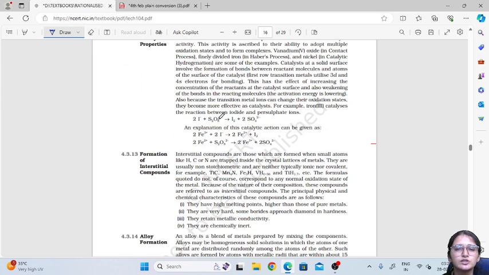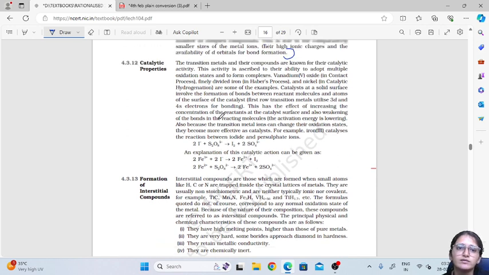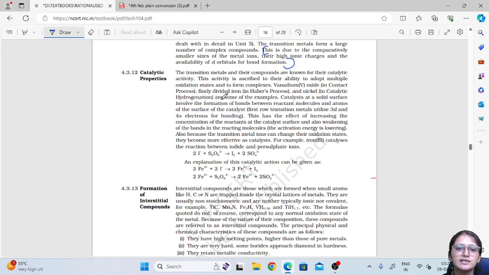Since they have a tendency to change the oxidation state, or to reduce or oxidize other species, they have these catalytic properties and can be easily used in reactions. For example, vanadium oxide is used in the contact process for H2SO4 preparation. Finely divided iron is used in Haber's process for the production of ammonia, and nickel is used in catalytic hydrogenation.